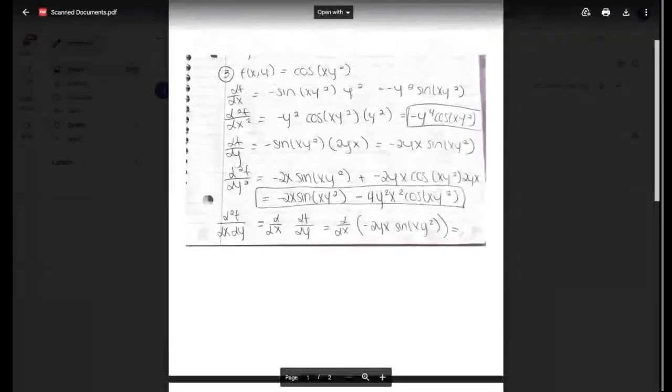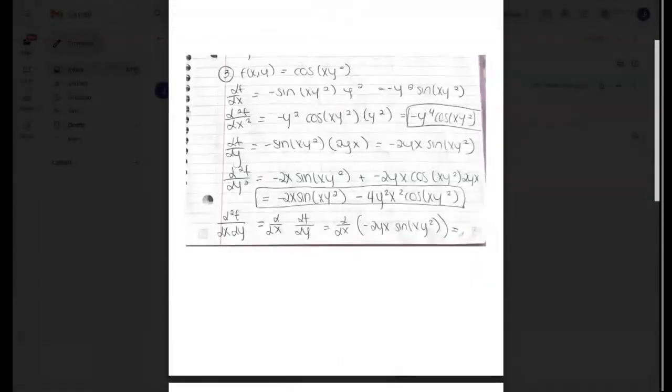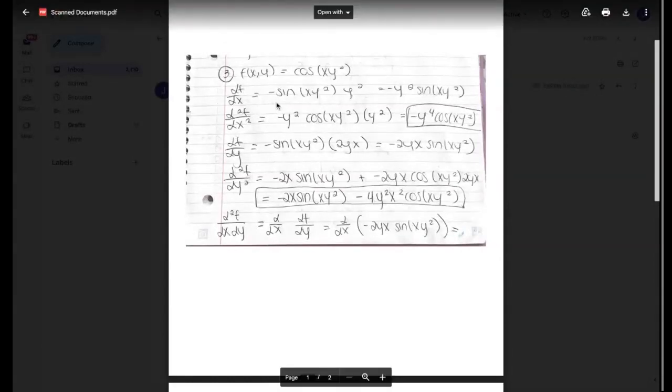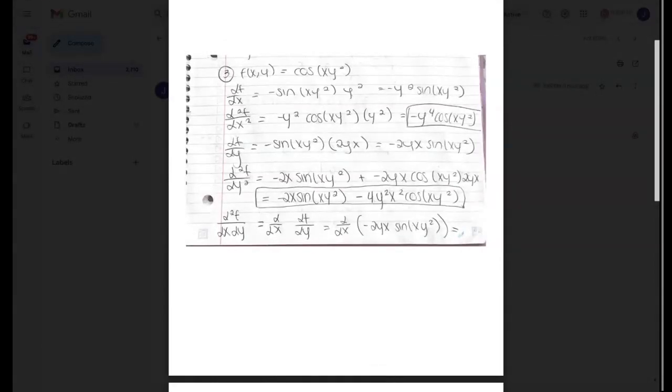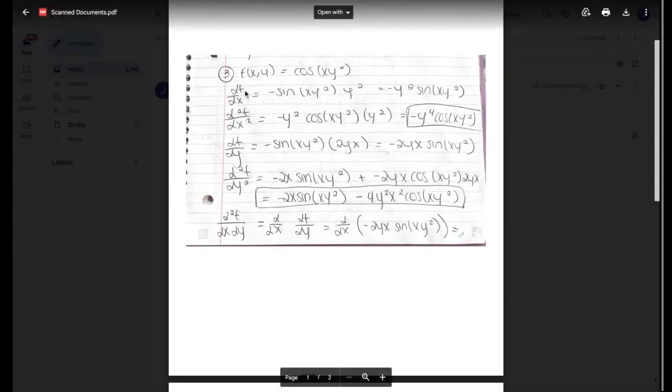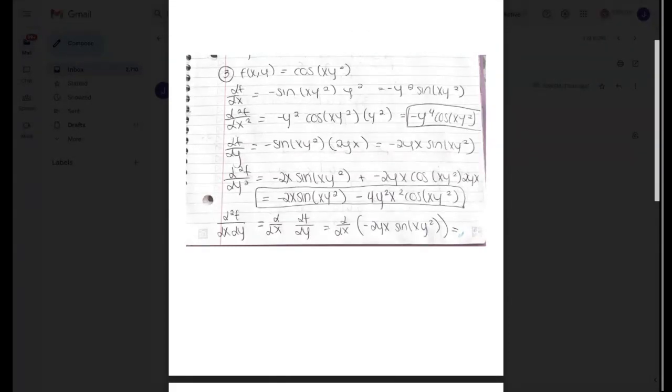Okay, so this has you compute the second partial derivative. f of x,y is equal to cosine of xy squared. First I took partial f partial x. The derivative of cosine is negative sine, then you leave the inside, which is xy squared, and here you're leaving y constant, so the derivative of x is just 1, so you get y squared.